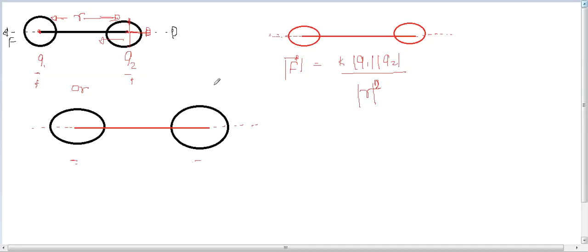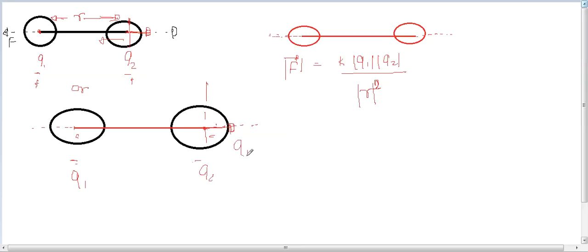This is the center, I join the two centers to form a line, and the force will be along this line. Since both charges are negative, the force is away from q1.